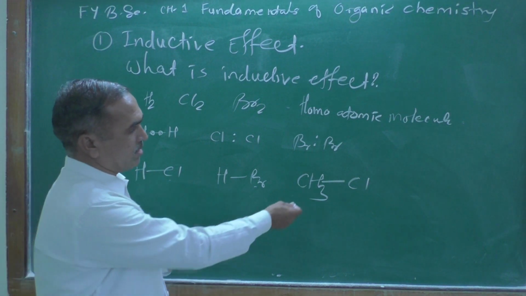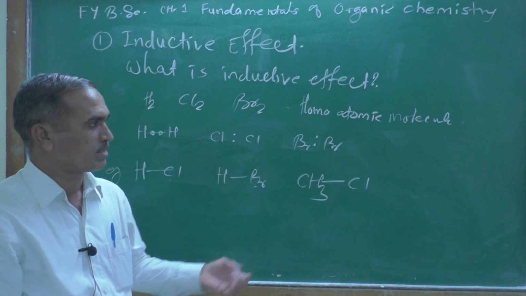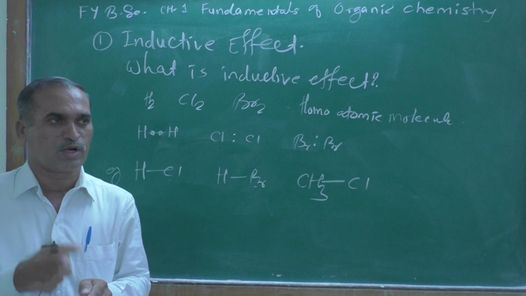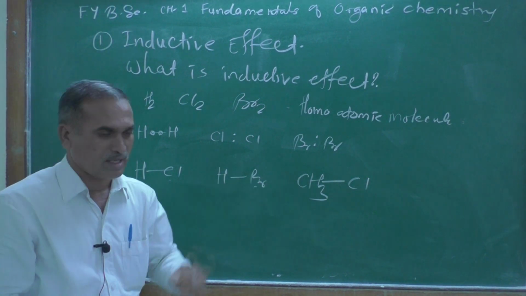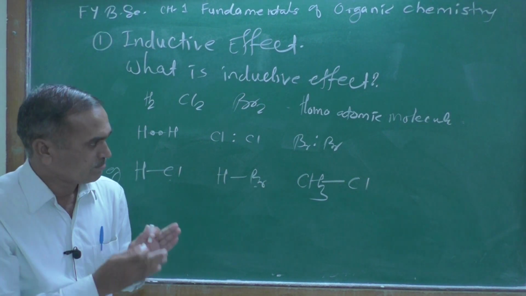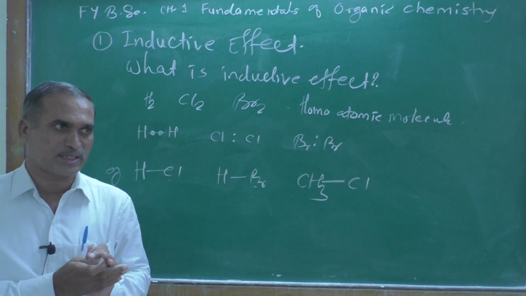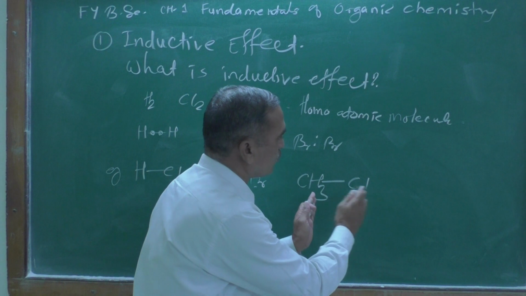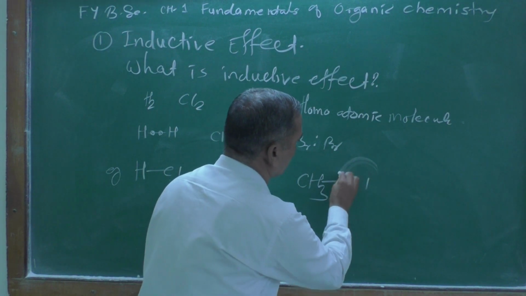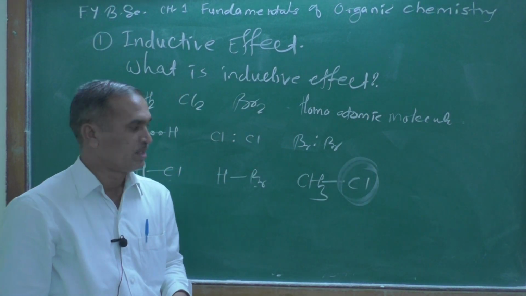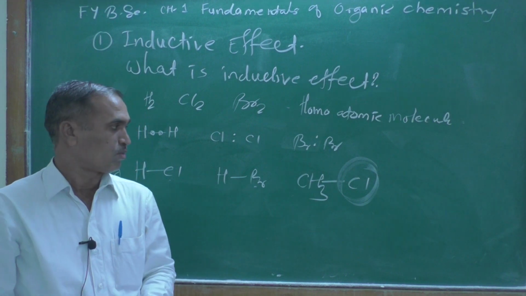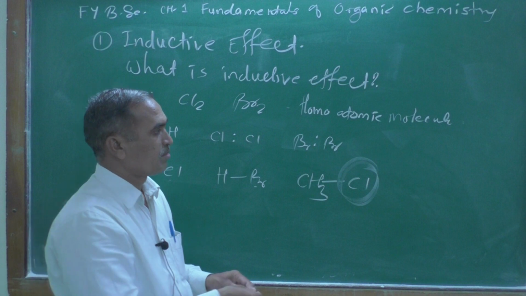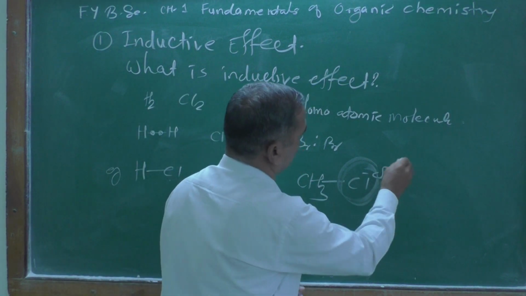Now look at methyl chloride. Here the chlorine atom is more electronegative than the carbon atom, and the electron pair is pulled toward the chlorine atom, and therefore the chlorine atom has a partial negative charge on it.